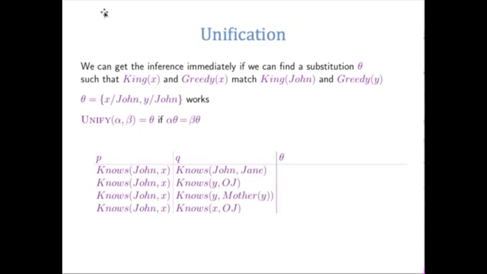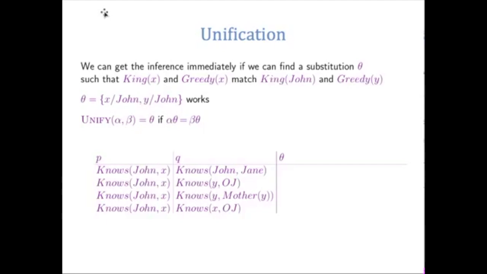So now we can start to get to unification. If we can get that inference immediately without having to go through all that, if we can find some substitution theta such that King(x) and Greedy(x) match King(John) and Greedy(y), right? Because if we have a substitution theta where we substitute John for x and John for y, then that works.